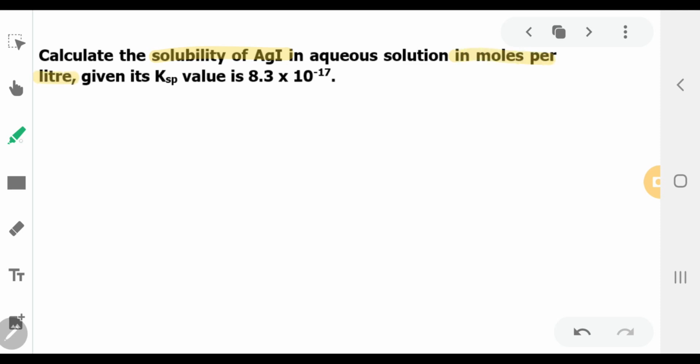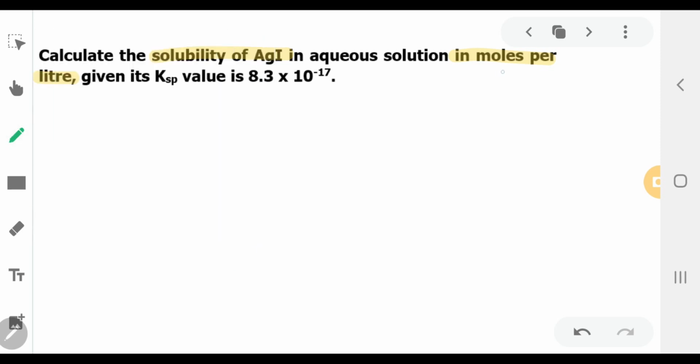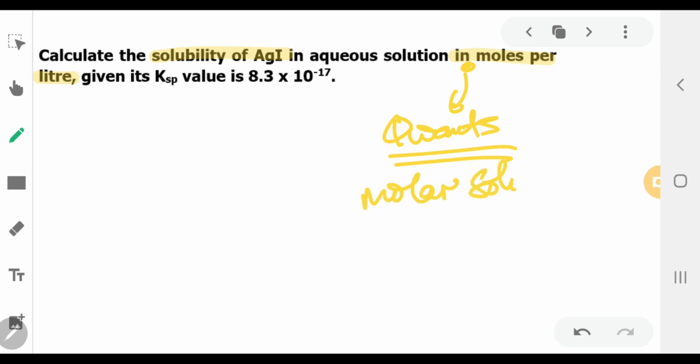That is molar solubility. Why is it molar solubility? Because right here it's quite clear that the question wants you to find the solubility in moles per liter.